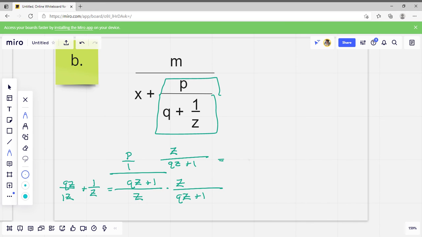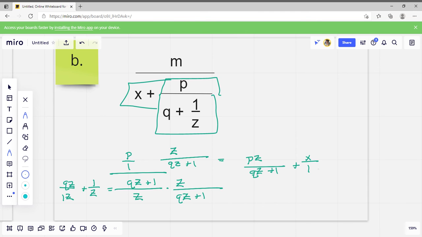So I'm going to have PZ and then QZ plus 1 on the bottom. Made that line too big. Okay, there's that. Now I have to add x. So plus x over 1.